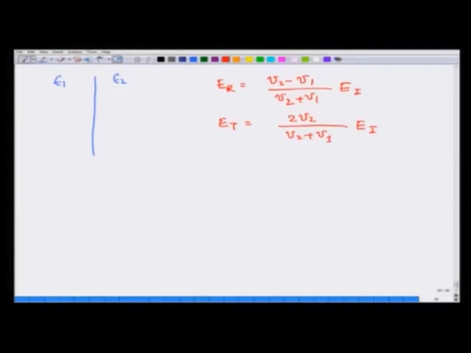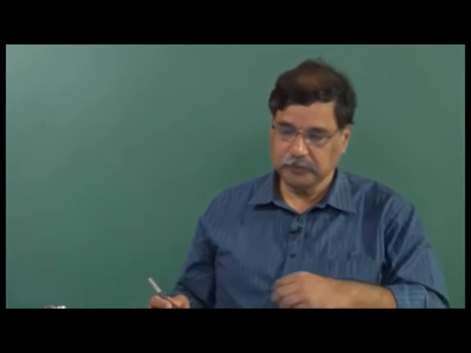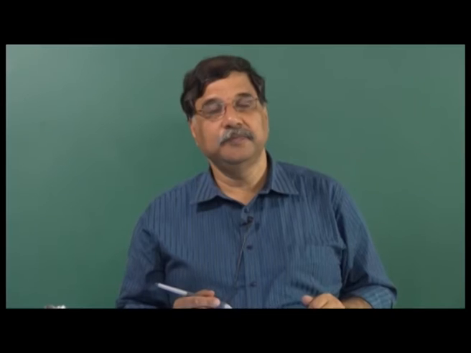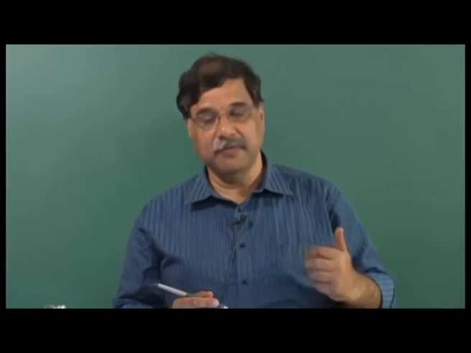These two relationships are very similar to the relationships obtained for waves on a string. Notice that if V 2 is less than V 1, this implies E r has opposite sign to E incident. That means, it flips direction or there is a pi phase change.